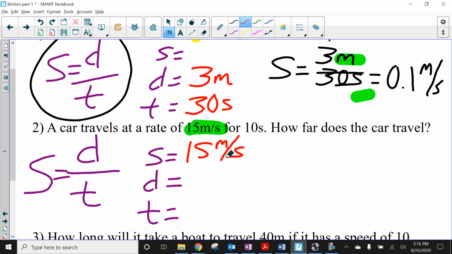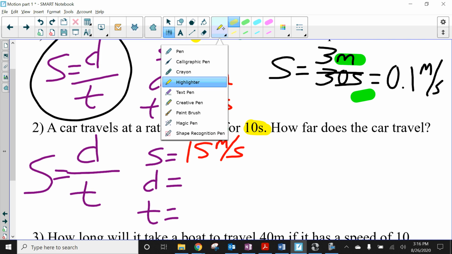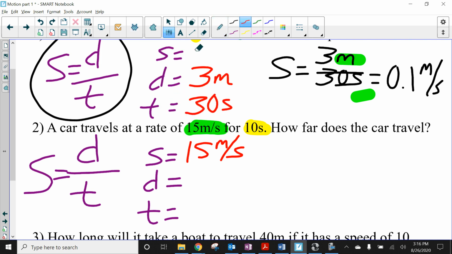Okay. Then I have 10 seconds. So that is either distance or time. And I believe seconds measures time. So I'm going to pick another color here. This is 10 seconds. So the distance is the one that I'm missing. I don't know that one.